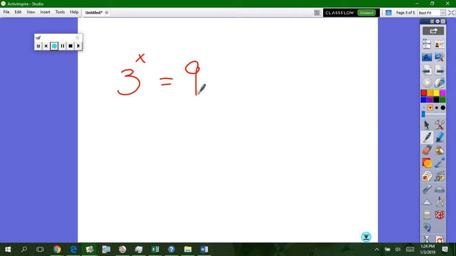Let me show you an easier way to think about it, because one time maybe you might not know what 243 is. But we're getting into logarithms. Today, we want them to have the same base. Are they not equivalent? Now, if the bases are ever the same, therefore the exponents need to be the same.